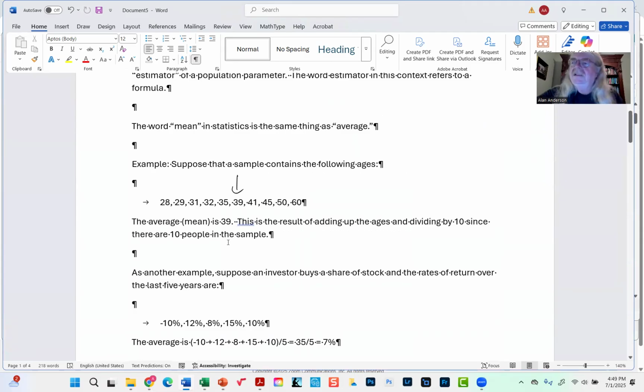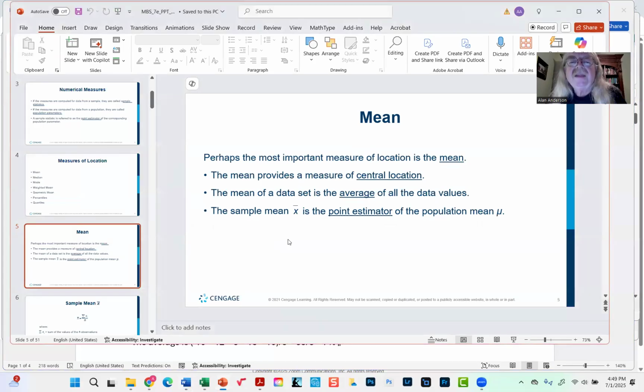You can see why, I hope, from this graph, in the sense that the 39 is very close to the center if it's not actually in the center. And it is simply an average of all the data values.